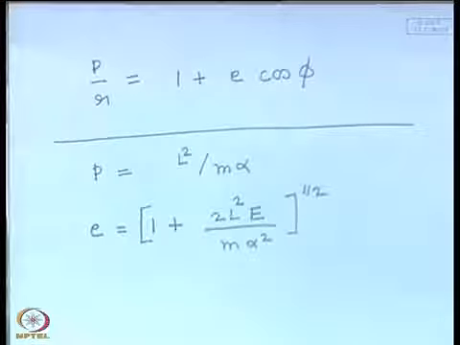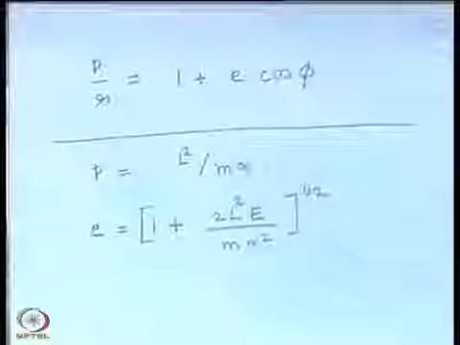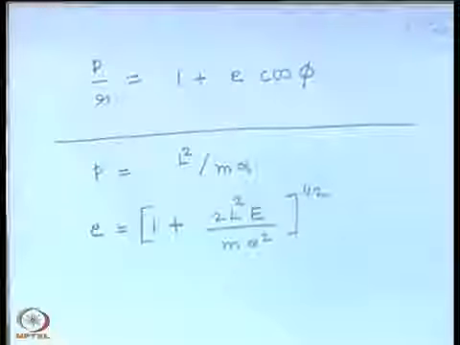The first thing is that this equation describes what is called a conic section, which I am sure all of us are familiar with. So, this equation that we have worked out, the equation between R and phi, defines what is called a conic section. Okay.